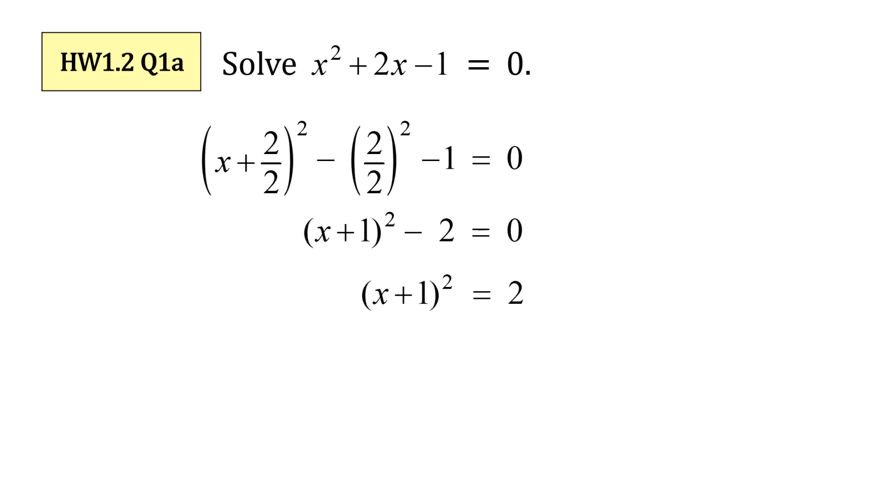Keep the square term with the x on the left-hand side. Shift the constant to the right. The next step is to take square roots on both sides, and that always gives us two possible answers, a plus and a minus. Making x the subject will give us the answers to this equation.